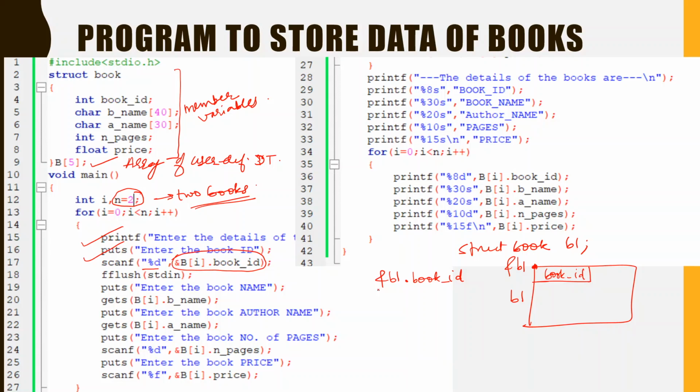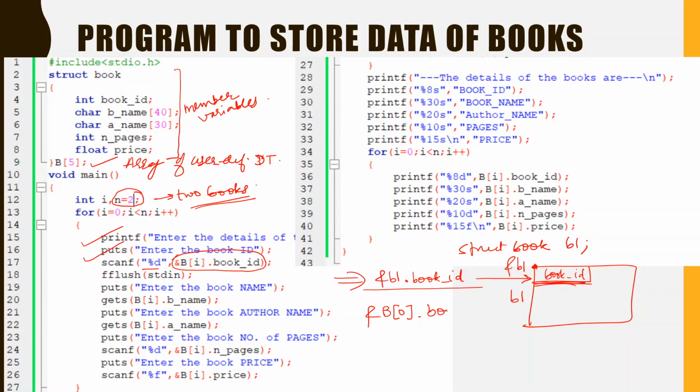So writing ampersand b1 dot book id would access this particular space, and any value scanned with the help of this ampersand would get stored in this memory location. Now here, since we don't have this single variable, but we have the variable placed in the form of an index.